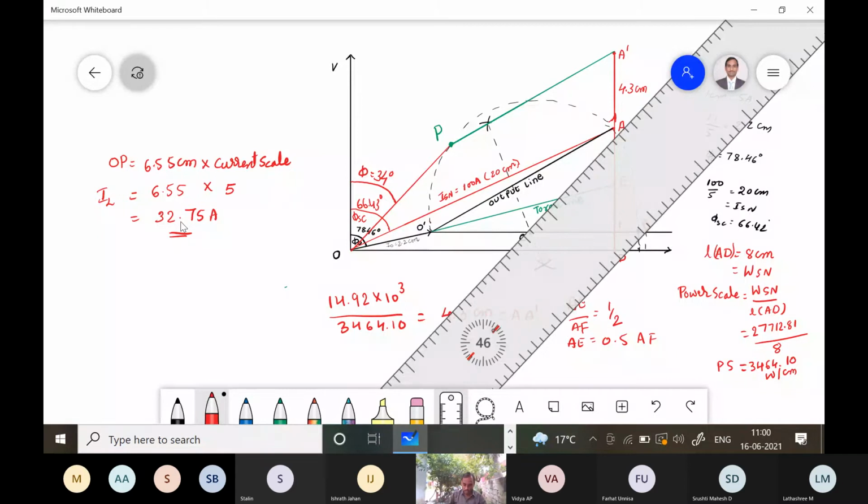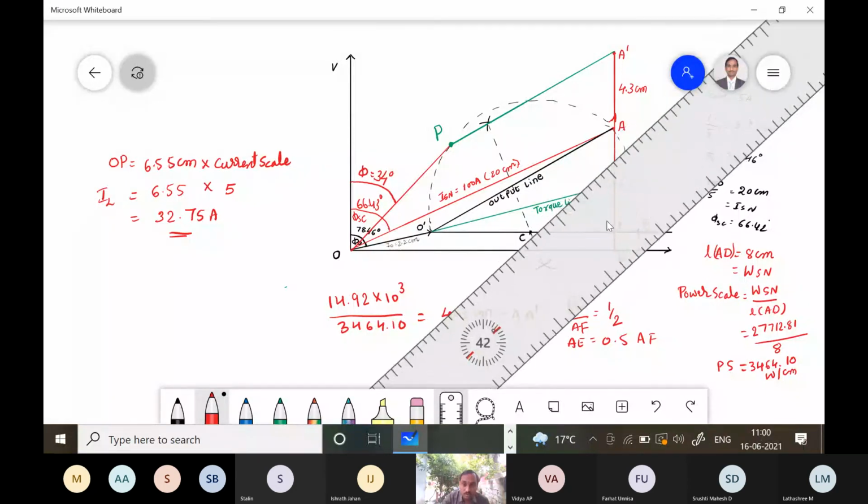So similarly we need to calculate. Draw the vertical line from P point.